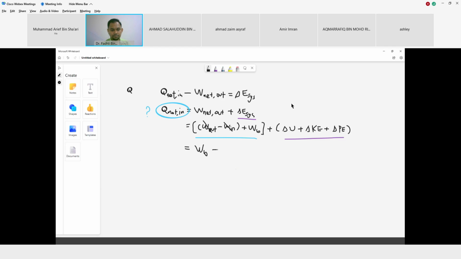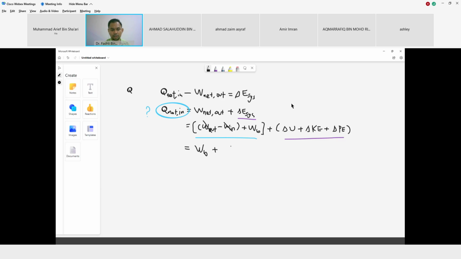And then next kita lihat pula delta U, delta KE and delta PE. Delta U, for each system that they have any substance, they have their own internal energy. As long as they have a substance, the system need to consider internal energy.